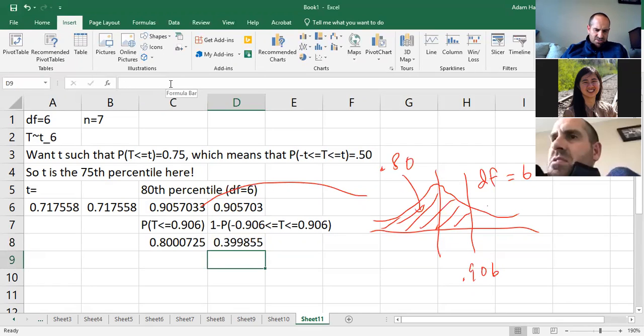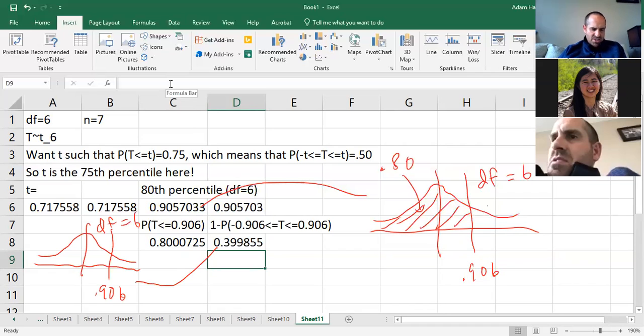Well, it's like saying, if I had a T value of 0.906, and by the way, we're still in the degrees of freedom equal to 6 situation, then I would reflect across to the symmetric opposite thing, and it's saying, what's the probability in the two tails?